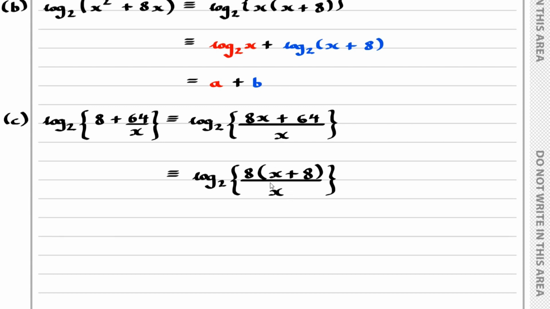I can use the addition law of logs and the subtraction law of logs to simplify this. What we have is log base 2 of 8 plus log base 2 of x plus 8 subtract log base 2 of x. So log base 2 of 8 is 3, log base 2 of x plus 8 is b, and we subtract log base 2 of x, which is a, so we end up with 3 plus b subtract a.